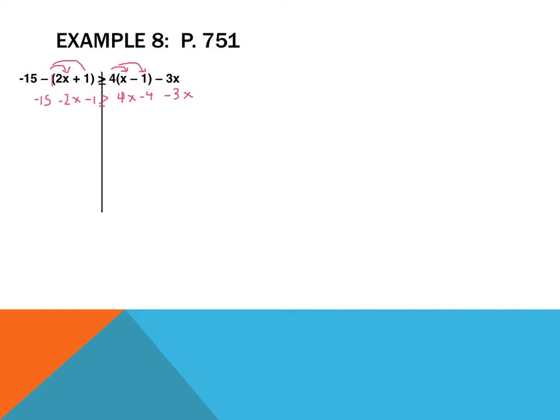So now I can combine like terms, so I have a negative 15 minus 1. Negative 15 minus 1 is also a negative, so there's negative 16 minus 2x. And I have 4x minus 3x, so 4x minus 3x is 1x minus 4.